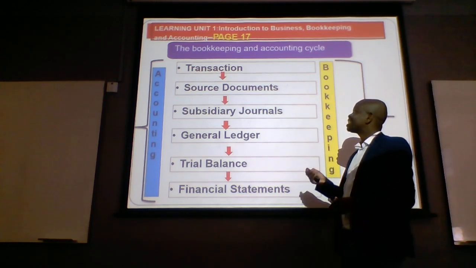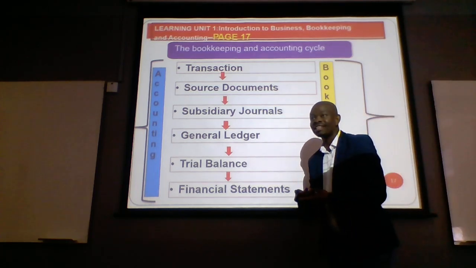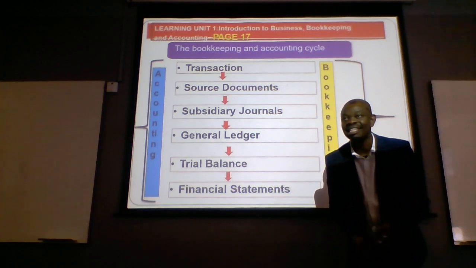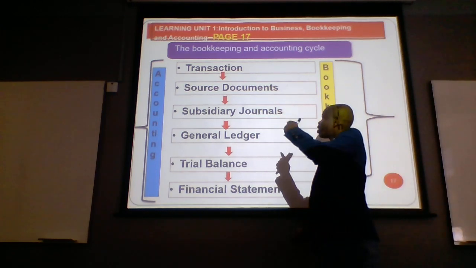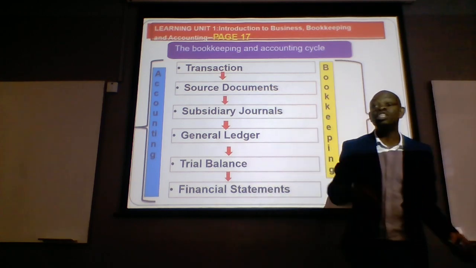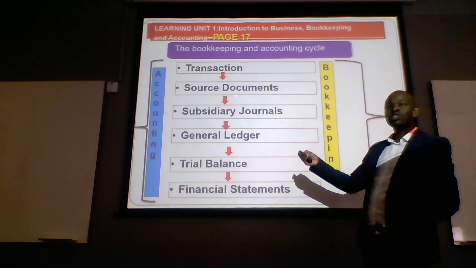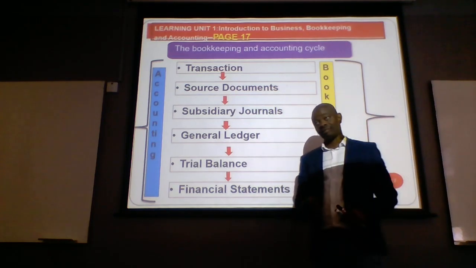But after the transaction has taken place, there must be a proof that a transaction has taken place. For example, receipts, invoices, cheque counterfoils, petty cash vouchers, credit notes, debit notes. Those are called source documents. Proof of transactions.